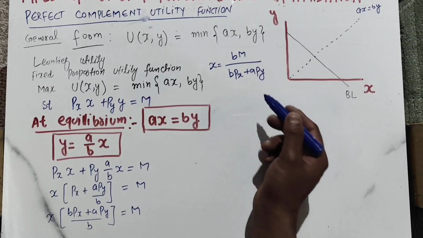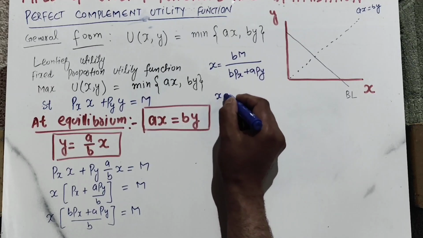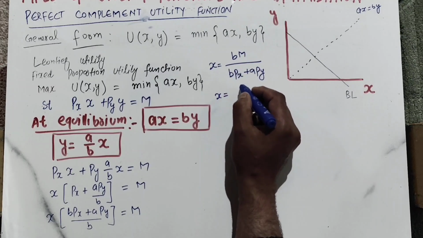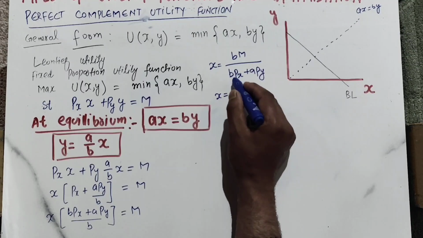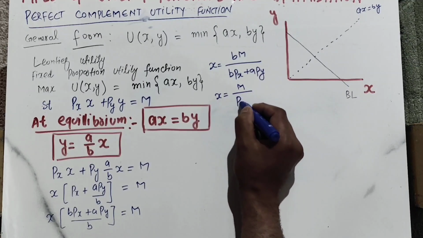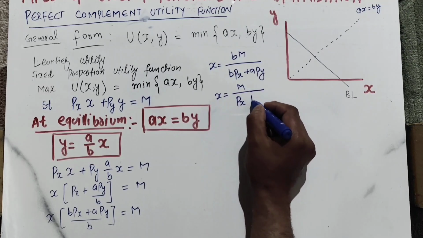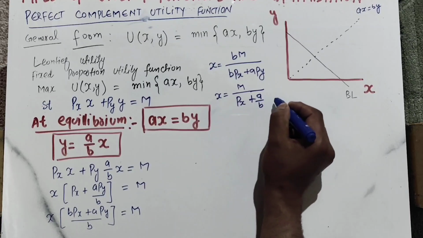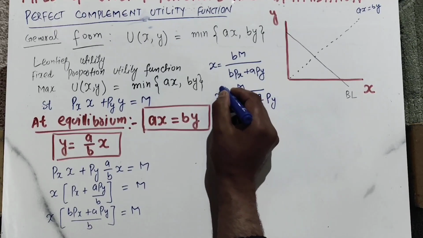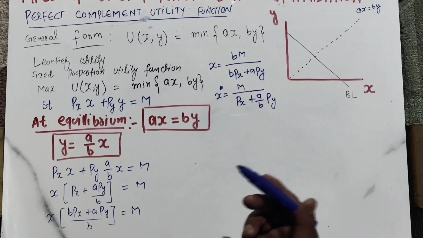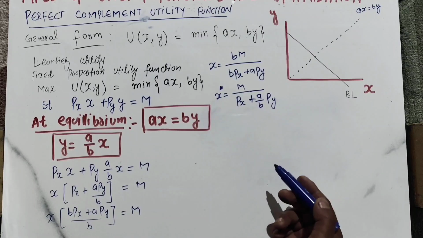Let us divide numerator and denominator by b. So x will be equal to, b upon b is 1, so we are left with m. Here b upon b is 1, we are left with px, and here it will become a upon b times py. This is the optimal choice of good x.